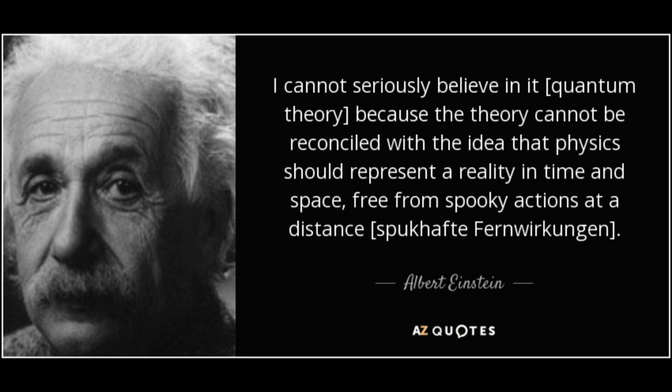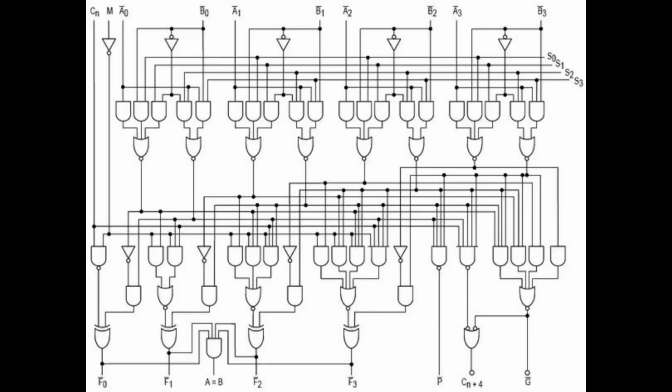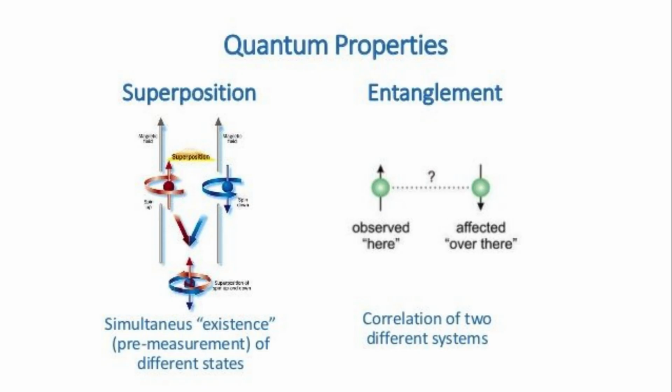And so, I think of classical computers as working like a cascade of electric signals. The electric signal travels from one logic gate to the next. Whereas quantum computers are very different, and they're very confusing to me, at least.